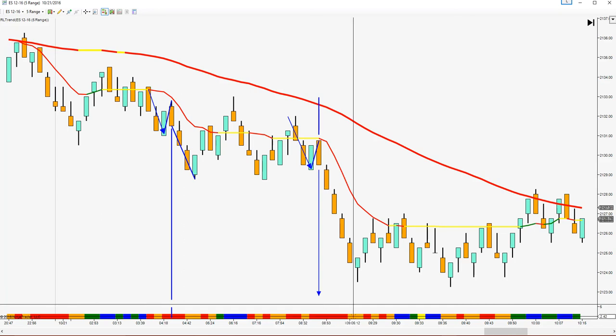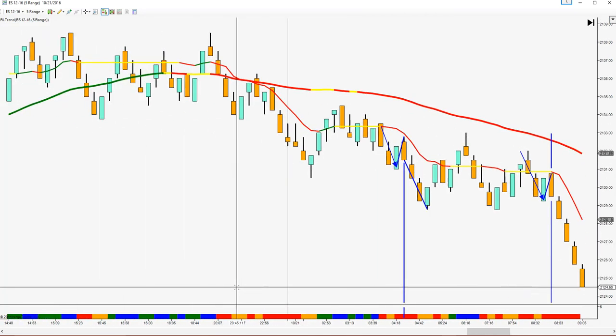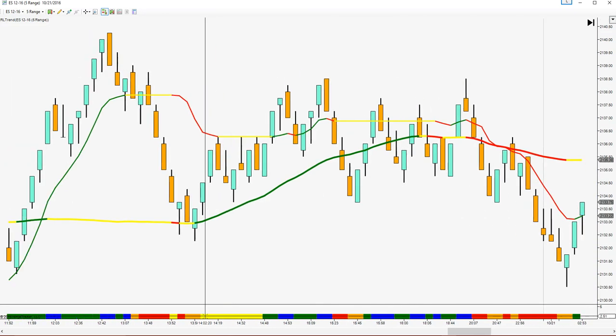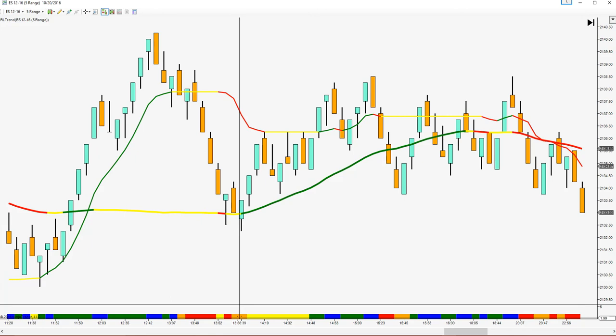Now, when your longer time frames are down and your shorter are up, that's when you get the orange color. When all your time frames are aligned to the upside, that's when the color is green. When your longer term time frames are aligned to the upside, but your shorter are to the downside, that's when you get blue. Yellow is when there's a flat moving average.